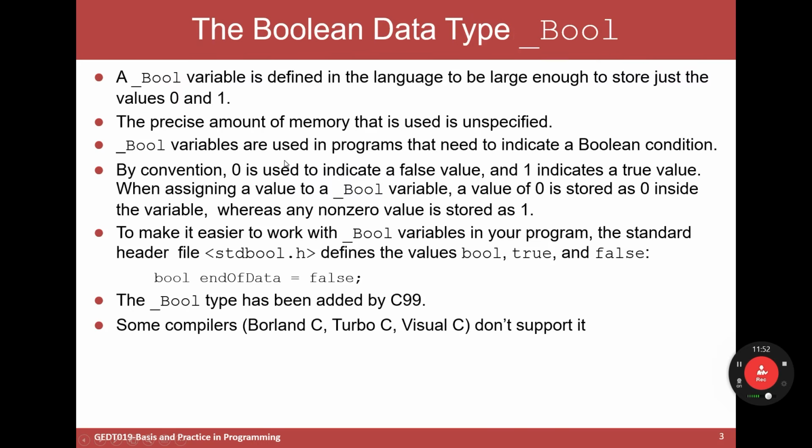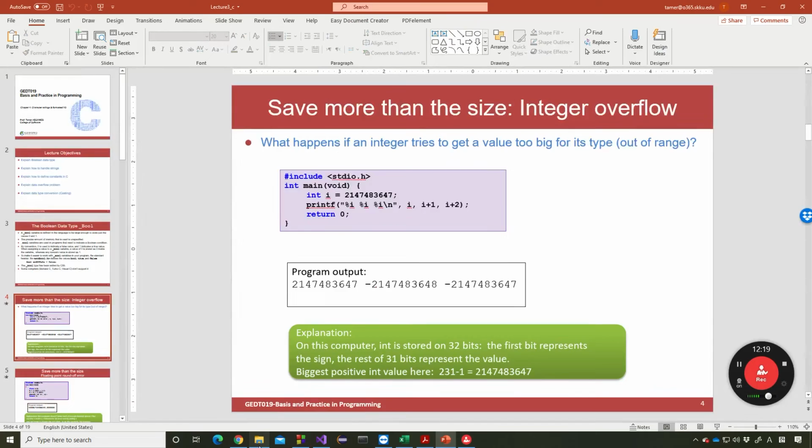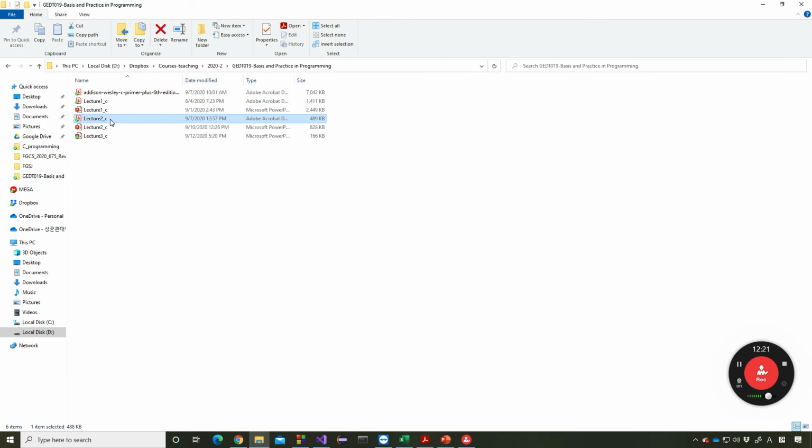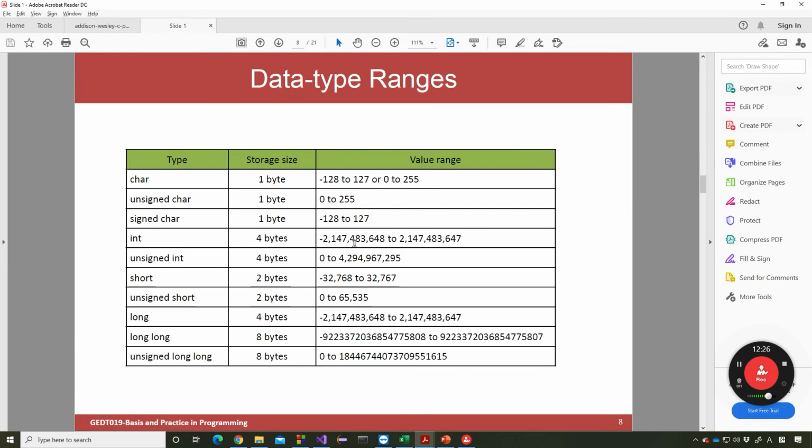Now, after Boolean, I would like to mention a serious problem in the storage of variables. Sometimes, for example, you have a variable like this one, int i equals a number, and this number is very large, as you see here. This is the maximum number I can put in the integer. If you go back to my slides, in lecture 2, I mentioned the maximum number we can put in the integer.